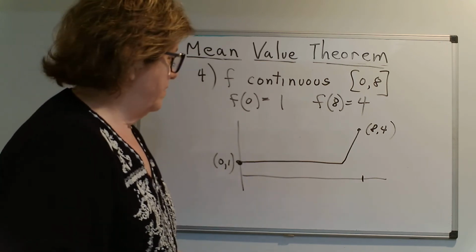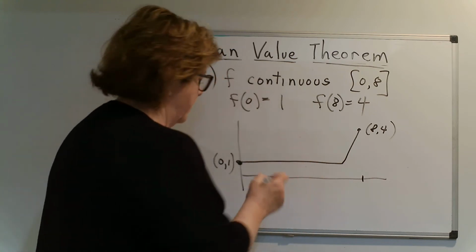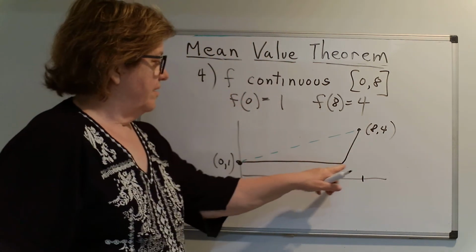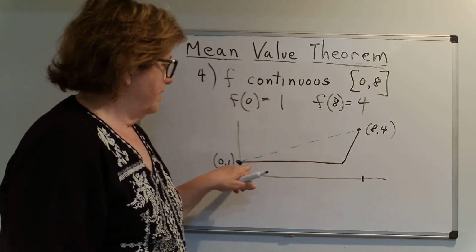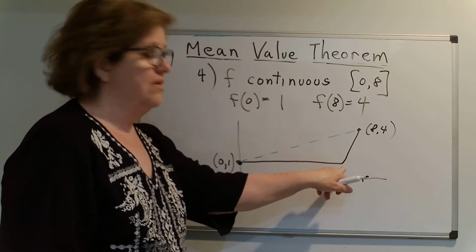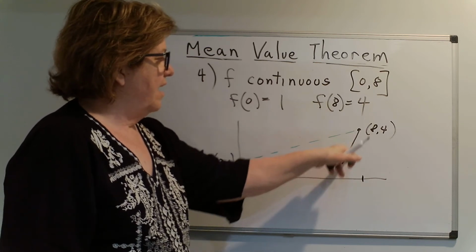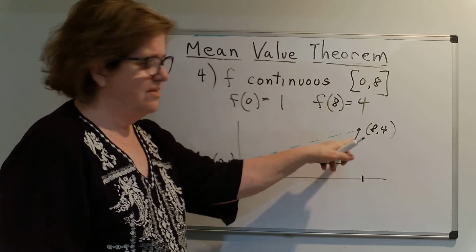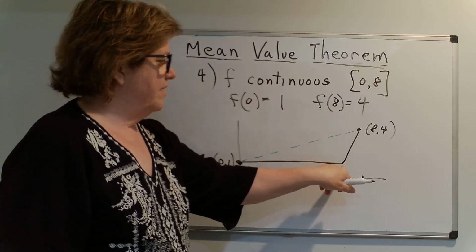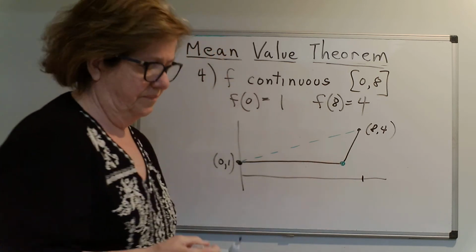Well, you can see, so why doesn't this satisfy the mean value theorem? Well, clearly this is one line. It has a certain slope, let's say it's a horizontal line, so the slope is 0. This is another line, has a slope that's a lot steeper, bigger than this one, and it's not differentiable right here, right? Because we have a point.